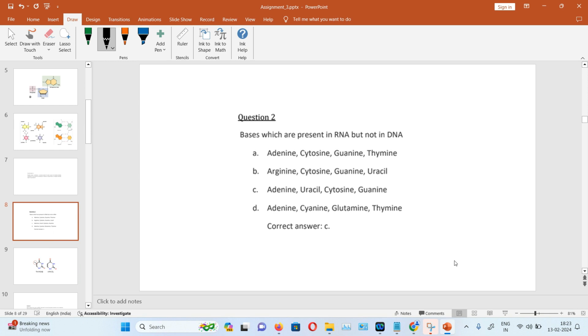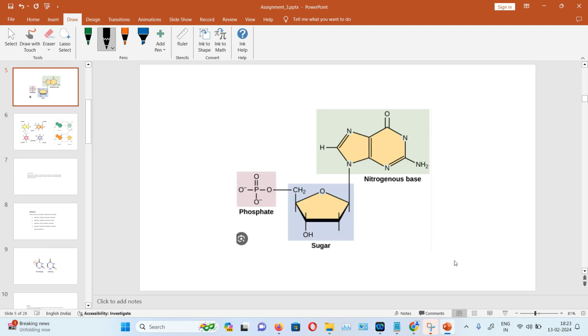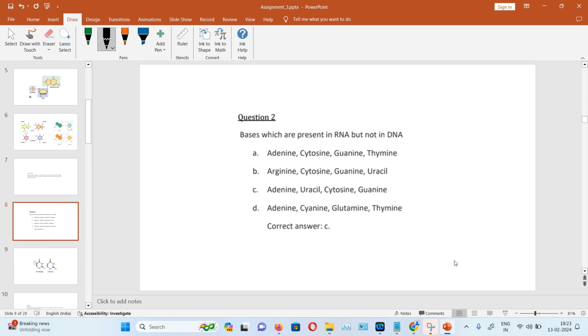We already discussed that here. What is DNA? DNA is deoxyribonucleic acid. RNA is ribonucleic acid. What's the difference between deoxyribonucleic acid and RNA?